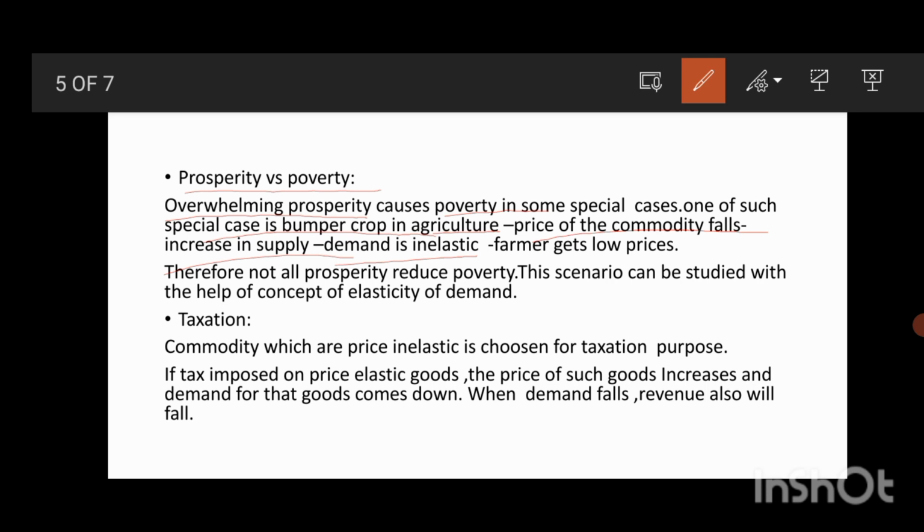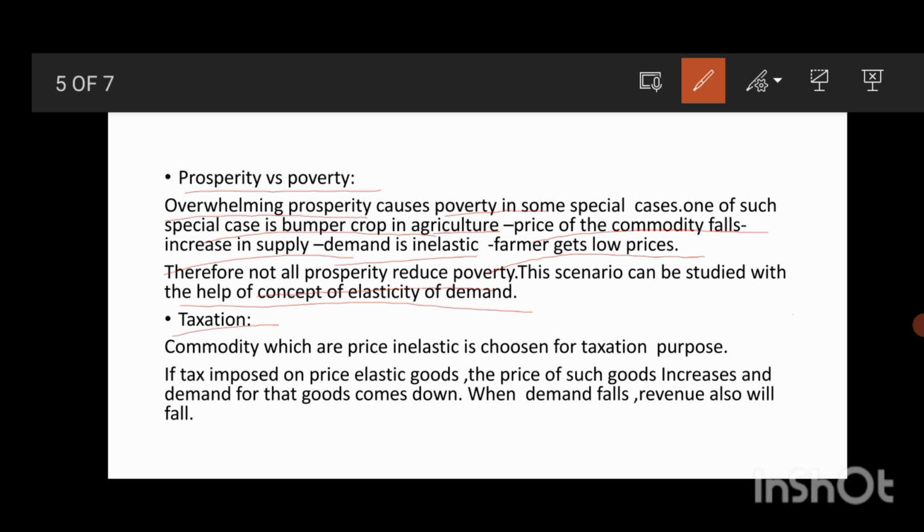So demand is inelastic, but the price gets reduced because of the increase in supply, and because of that the farmer gets a low price. Therefore, not all prosperity reduces poverty. This kind of scenario we can study with the help of the concept of elasticity of demand.